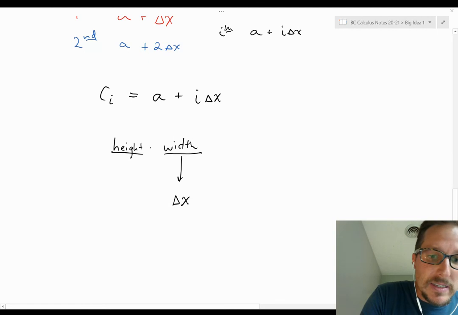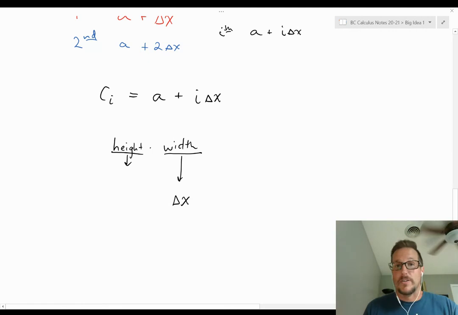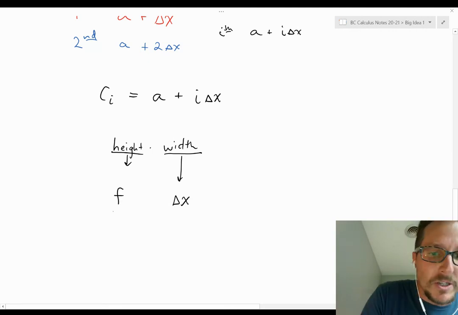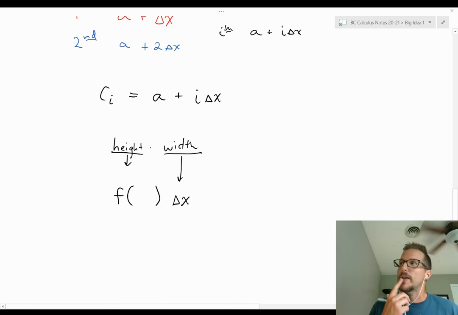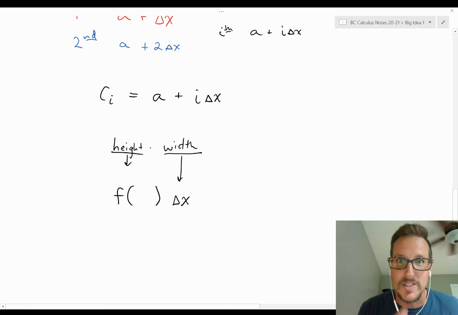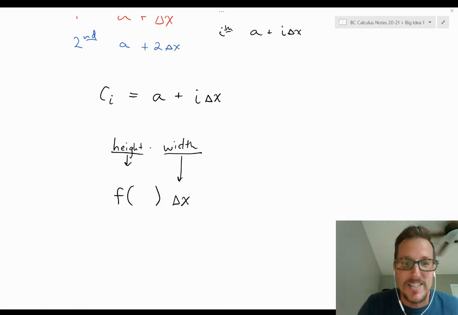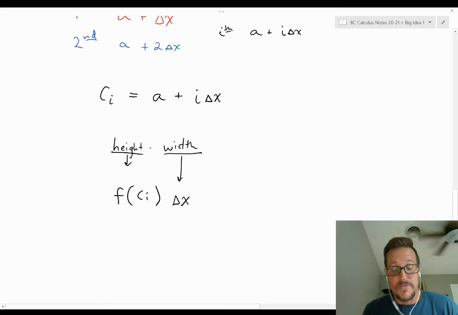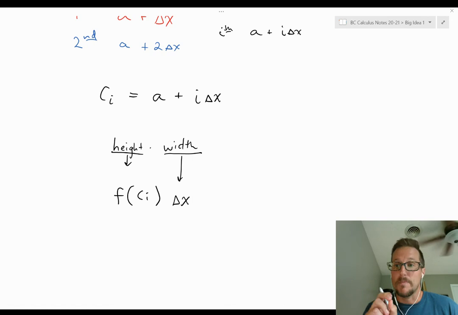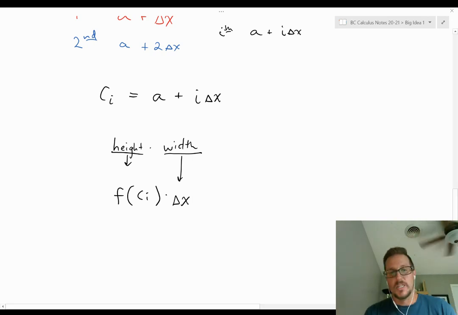The height is a function value, so that is going to be the function value at an x value. Now I wonder what x value we're going to use. c sub i, right? Just any x value on the ith subinterval. We're going to sub that into the function to get a height, and multiply by the change in x.